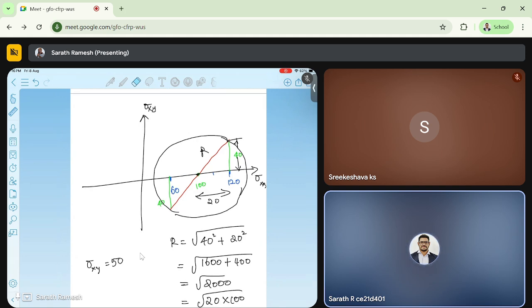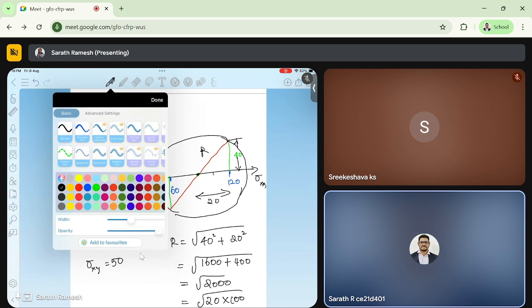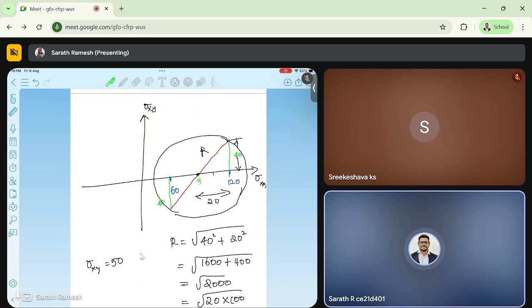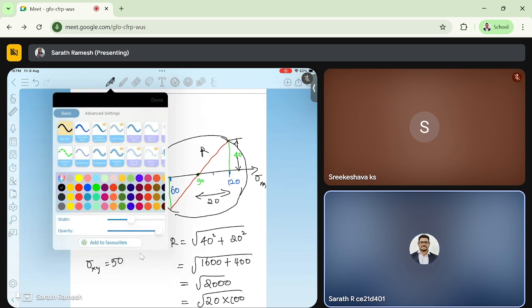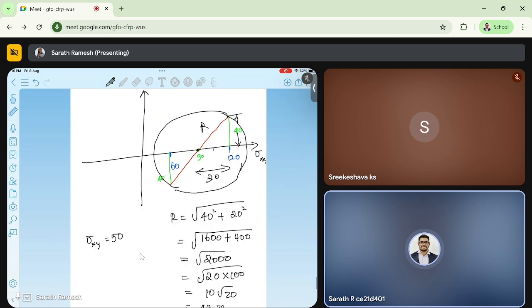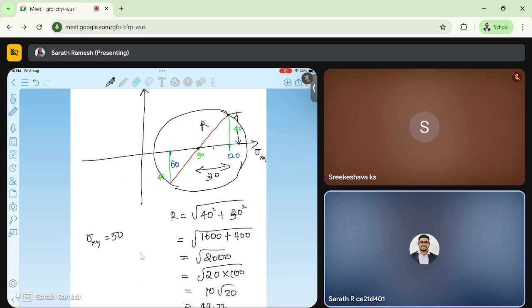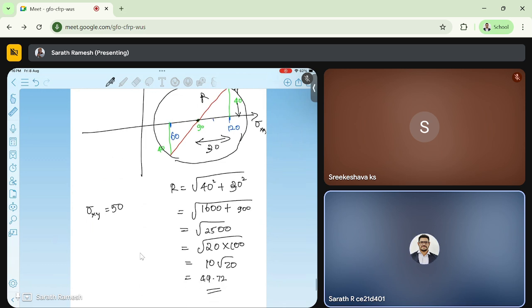This is not 100. The center is 90. So this distance is 30, not 20. So now we will get 900 plus 1600, 2500. So radius is 50, which is the maximum shear.